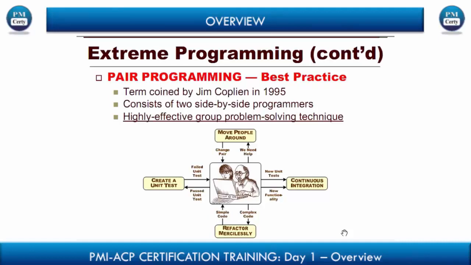After a preset amount of time, the person who's reviewing becomes the coder and the coder becomes the reviewer. This is typically used a lot in mission critical applications where quality has to be really significant and we have to make sure there are no errors. So missile systems, mission critical, space missions, those kinds of pieces. Otherwise, it is quite a huge overhead. You're using two people for essentially one task.